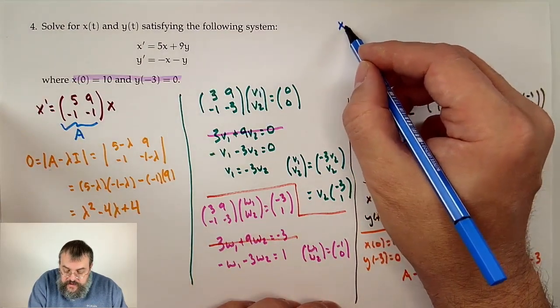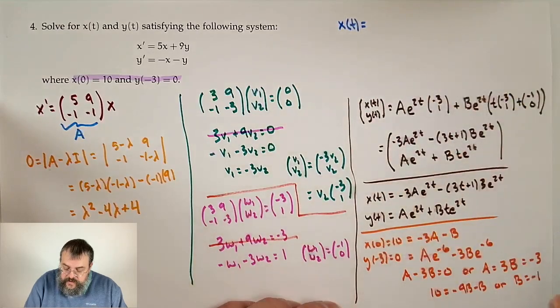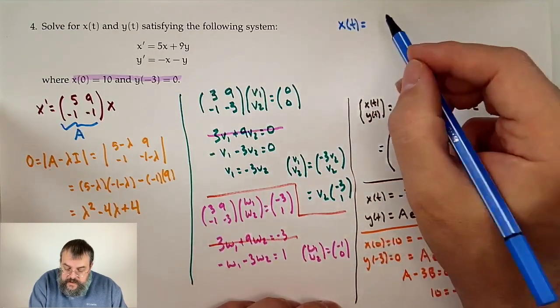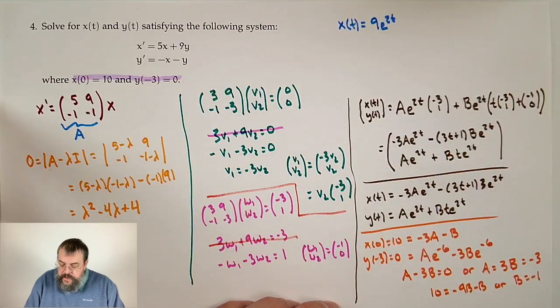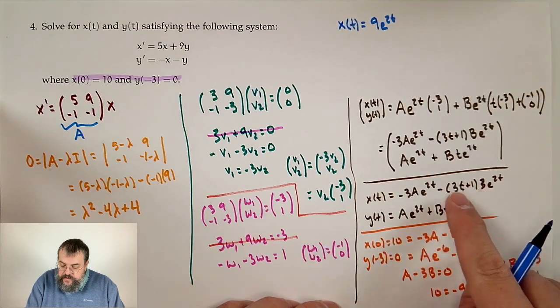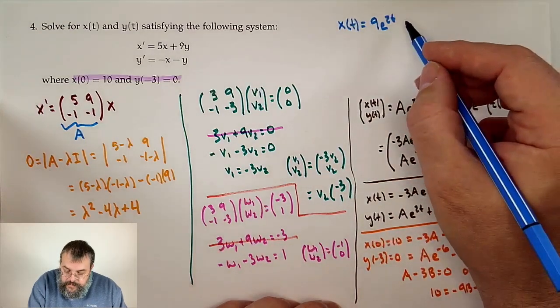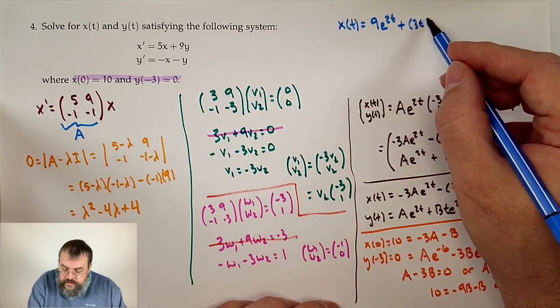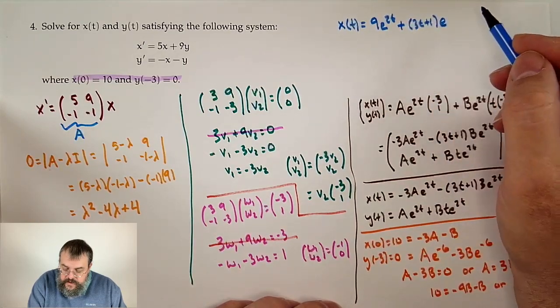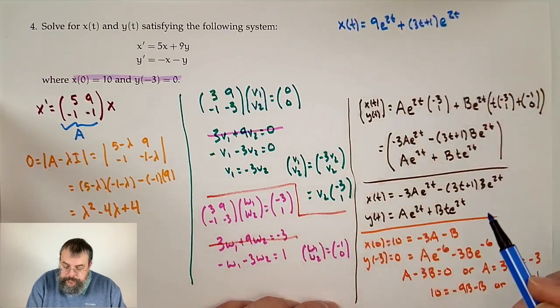You get that x of t is equal to 9 e to the 2t. And then we have the b, minus 1, so there's a minus there. So plus (3t plus 1) e to the 2t.